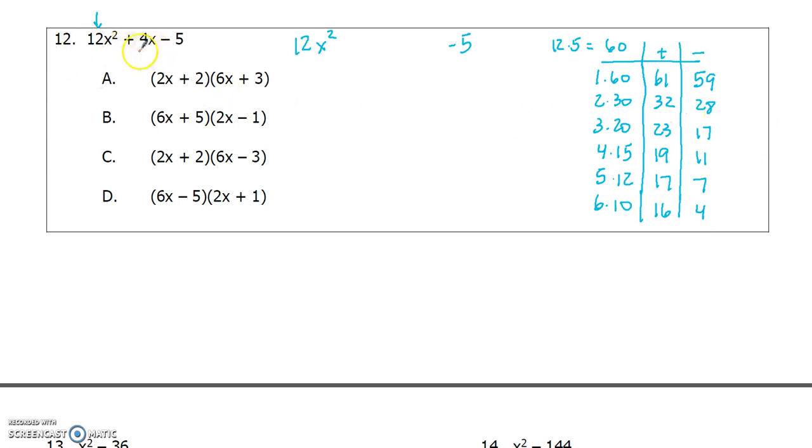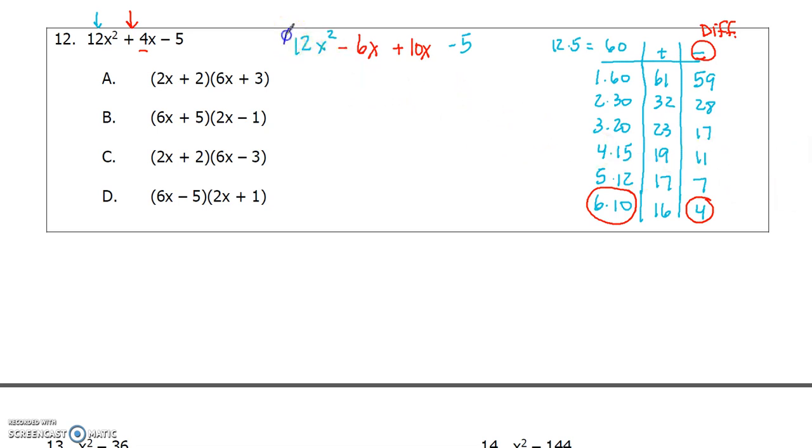And I'm looking for my middle term of 4. Here it is. I'm using these two terms, and my signs are going to be different. So I will have a 6x and a 10x, and the larger of the two numbers gets this sign, so that means I'll have a positive 10x and a negative 6x.